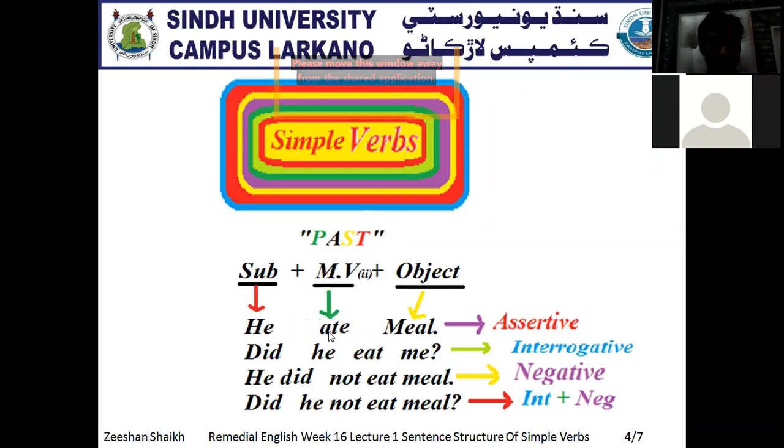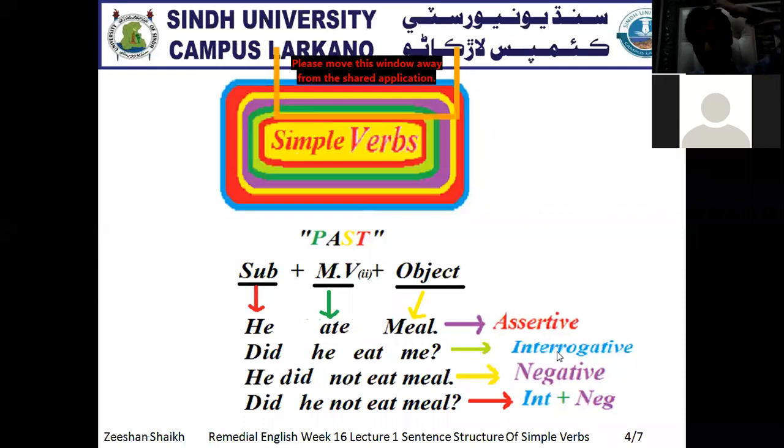So this becomes a rule of your past simple tense, that whenever in the past tense we are trying to make the interrogative as well as negative sentence, we have to convert the second form into the first form. Clear? So what is this? Did he eat meal?